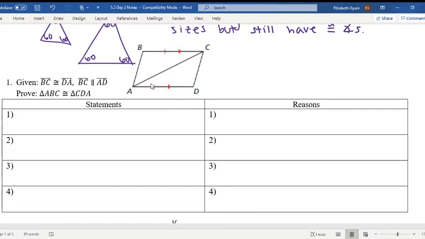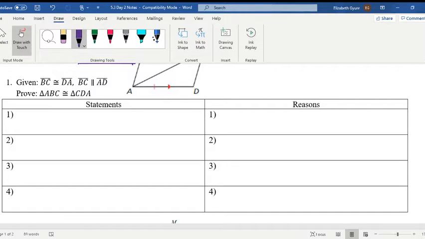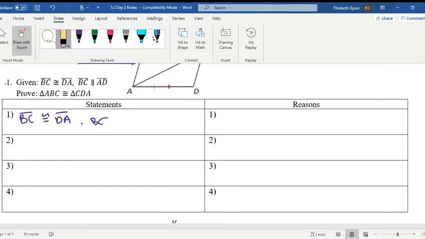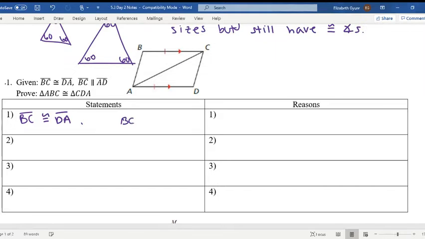So the first thing I would do is put in your freebies and then figure out what information we have about this picture before you complete the proof. So our freebies are our given. We are given that segment BC is congruent to segment DA, and that segment BC is parallel to segment AD.